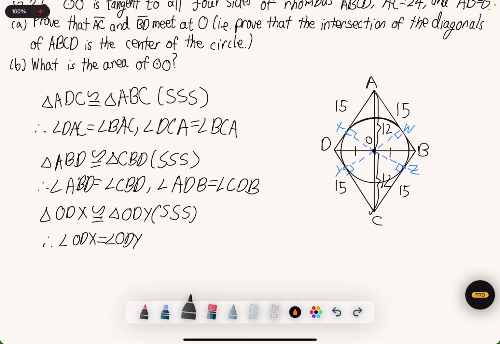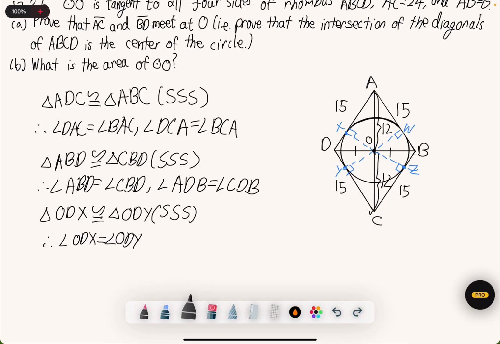We know that point B is on the angle bisector of ADC because BD bisects ADC. This means that since O and B are both on the angle bisector of ADC, O and B are on the same line. So O is on the line BD.